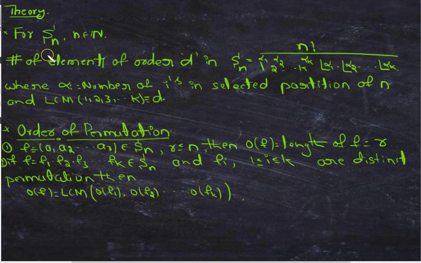The symmetric group or permutation group is denoted by Sn, where n belongs to the natural numbers. In Sn, the number of elements of order D is n factorial divided by 1 to the power alpha 1, 2 to the power alpha 2, up to k to the power alpha k, into alpha 1 factorial, alpha 2 factorial, up to alpha k factorial, where alpha i is the number of i's in the selected partition of n, and the LCM of the corresponding partition is D. By using this formula we can calculate.